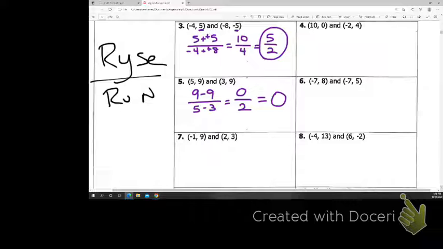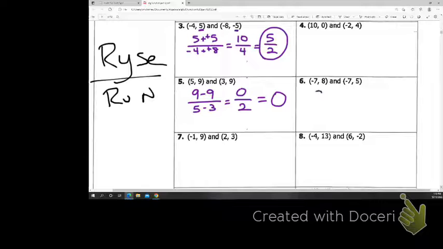Please do not stop and leave me to wonder if you know that or not. So don't leave it 0 over 2, just 0 for your final answer. If it's 0 on the top, you would not even need to actually do the subtraction for the bottom because we know the whole thing is 0.